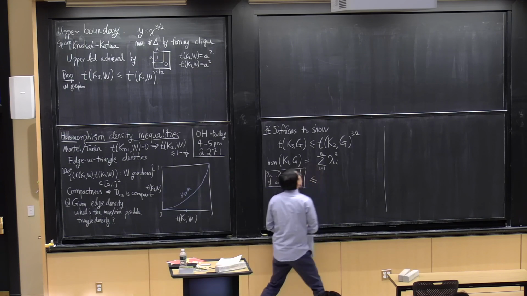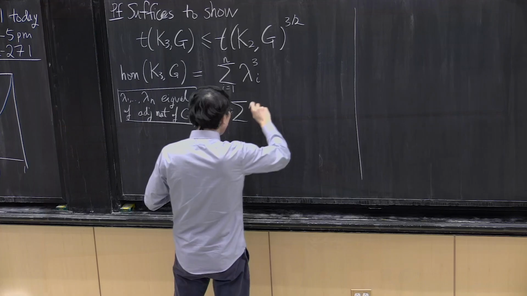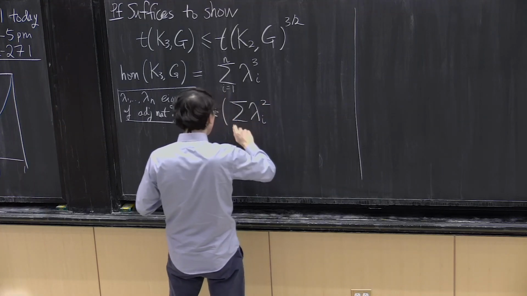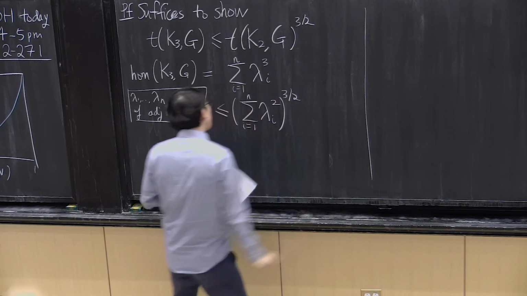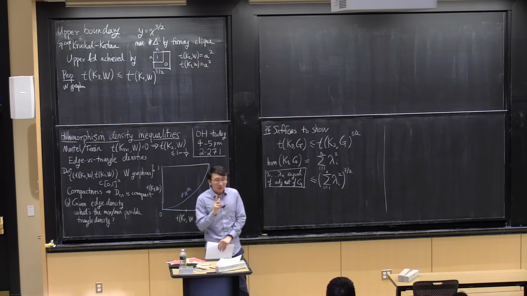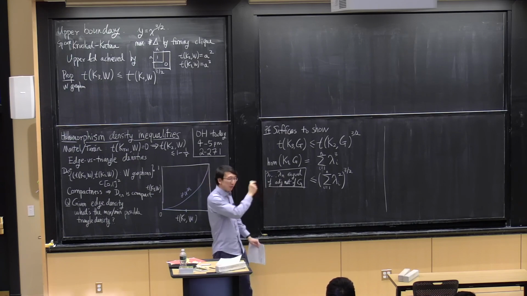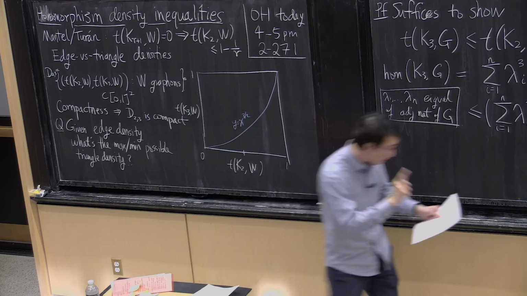I claim that this sum here is upper bounded by a corresponding sum of squares raised to the power that normalizes. The first time I saw this, I was a bit confused because I remembered the power mean inequality, and I thought the inequality should go the other way. But actually, no, this is the correct direction. So let me remind you why.